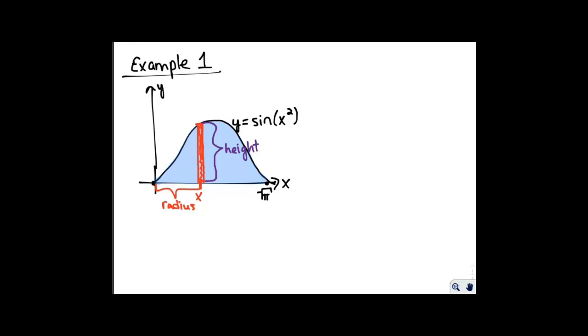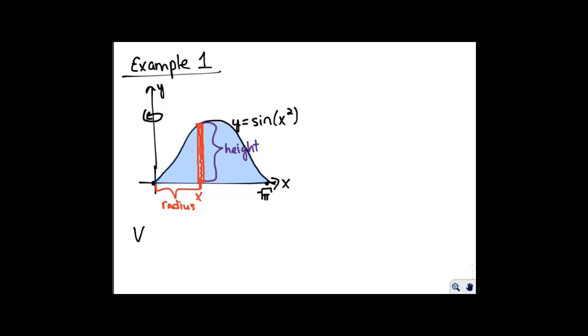Okay, so our first example is the curve y equals sine x squared, and we're going to find the volume of the solid of revolution revolved around the y-axis.